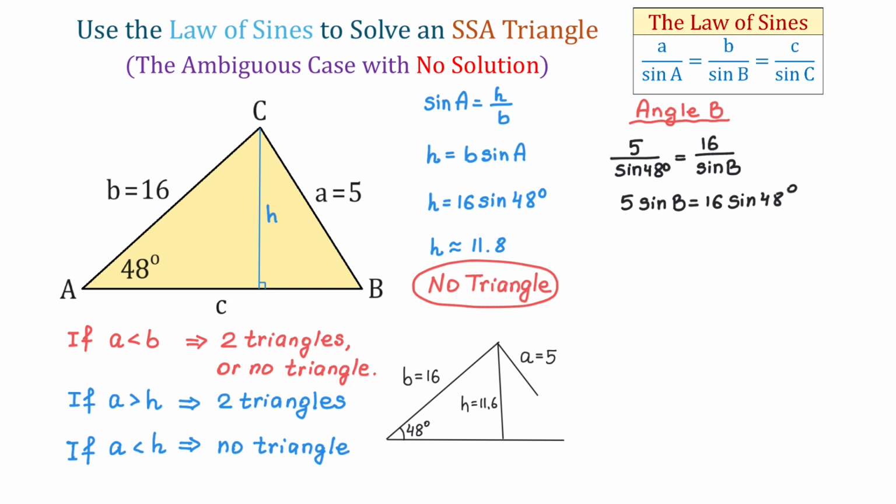Then we will divide both sides by 5, and we will have sine of B equals 16 sine of 48 degrees over 5. And now to find angle B, we will use the inverse sine. And in parentheses, we will have 16 sine of 48 degrees over 5.